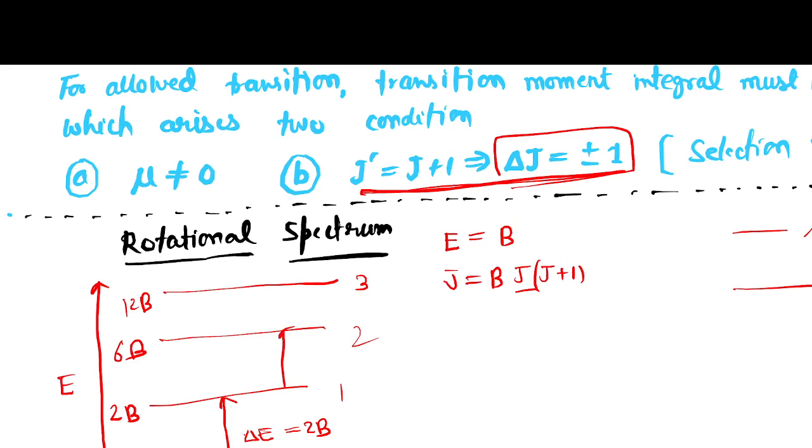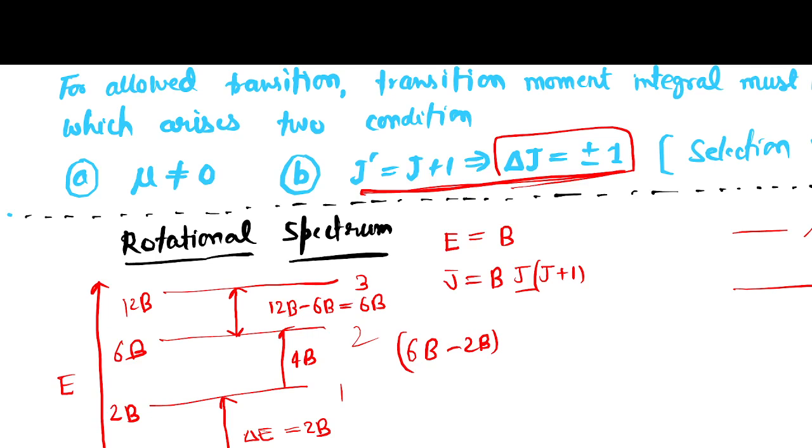And what is the energy difference here? 4B, the difference between the two energy levels: 6B minus 2B. And for the third line, let's say the transition is from state 2 to 3. In that case again we will get a line. What is the energy difference between these two? 12B minus 6B, so it will be 6B.